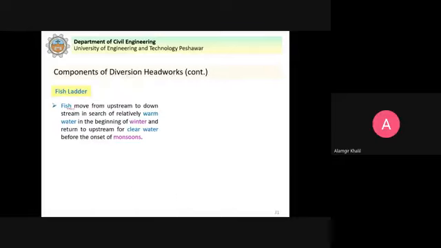As we know, fish move from upstream to downstream in search of relatively warm water at the beginning of winter and return upstream for clear water before the onset of monsoons. We have flood water, so they try to move to the clear water upstream. The fish ladder is provided just by the side of the divide wall for the free movement of fishes.